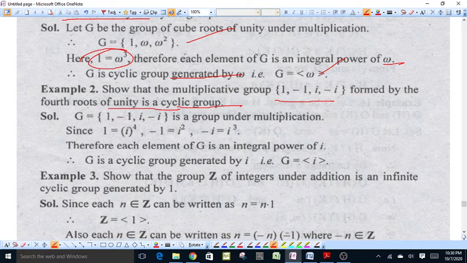This is also a cyclic group, and every element of this group is generated by iota, because first element 1 is equal to iota raised to 4, and second element minus 1 is equal to iota square, and third element iota is equal to iota raised to power 1, and minus iota is equal to iota cube. This means each element of G is an integral power of iota. Therefore, G is a cyclic group generated by iota.